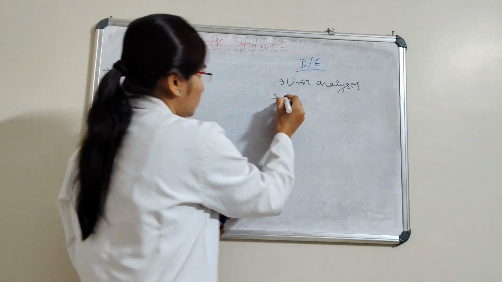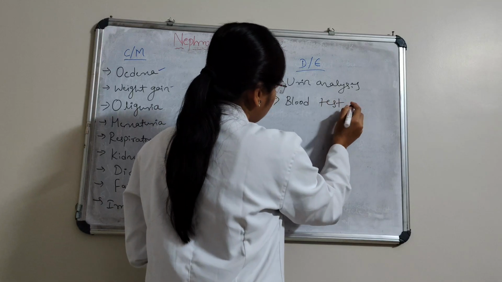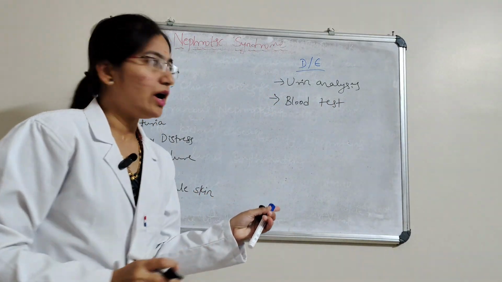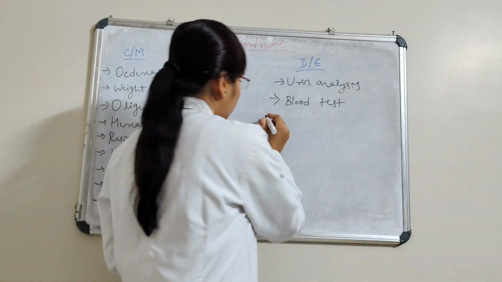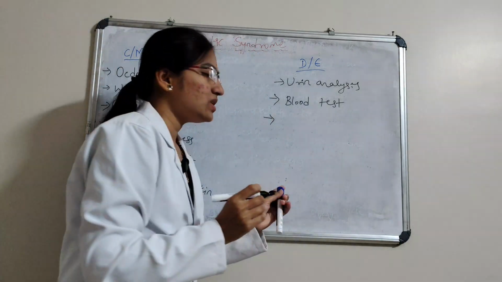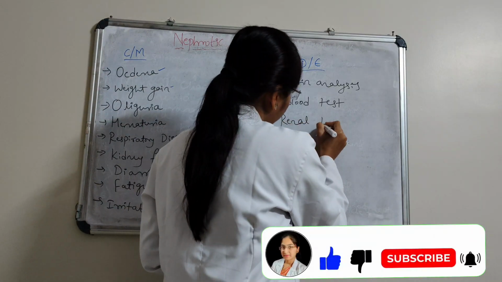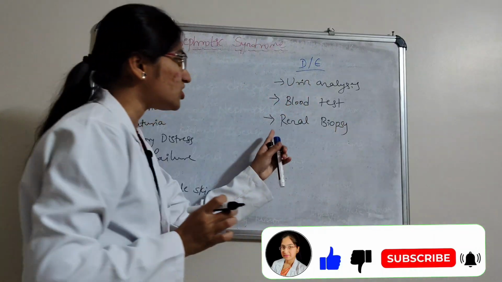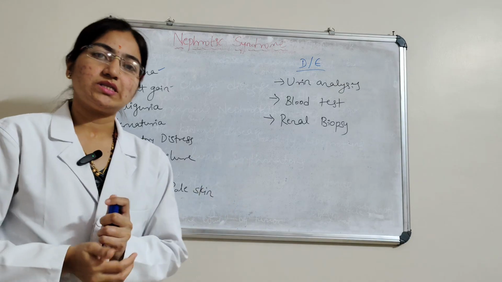And then a blood test to know the lipid level and also the albumin level. And then next one is a renal biopsy. Here renal tissue is taken for histological examination. These are the diagnostic evaluations for nephrotic syndrome.